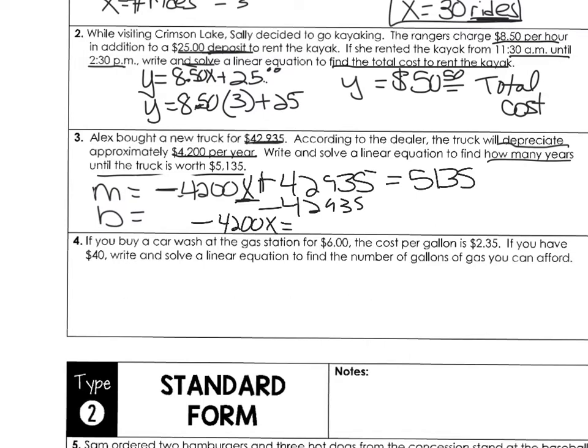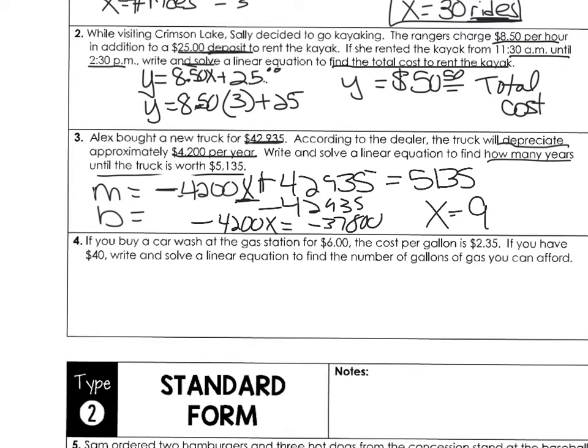Don't worry about it. It's going to be negative 37800. Then we divide by negative 4200, so x equals 9.